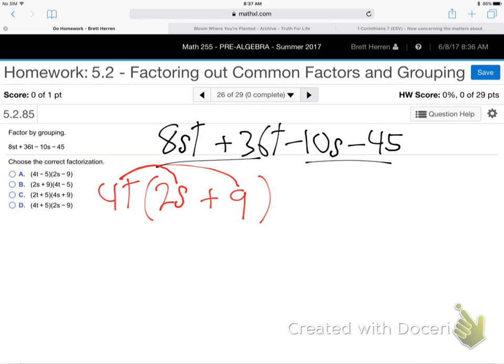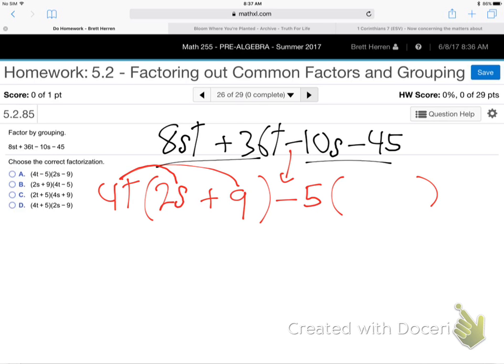The order doesn't matter, T in the front, S in the back, whatever. And 4T times 9, 36T. Good? And now for the back, what goes into 10 and into 45? 5. 5 does, right? And whatever sign's in the middle there, bring it down, minus 5. It's unfortunate when they have 5s and S's in the same problem, because my 5s look like S's. All right. Good to there so far.